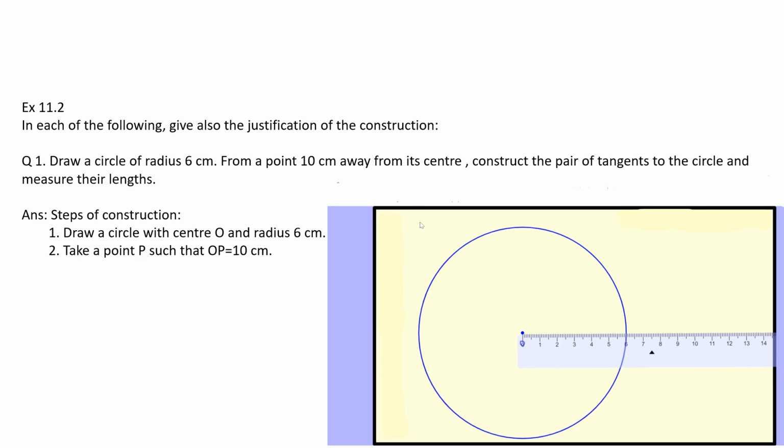So we will just take OP as 10 centimeter where P is somewhere outside the circle. So that is your second step.